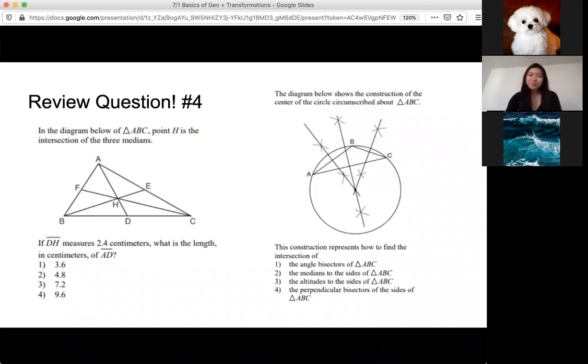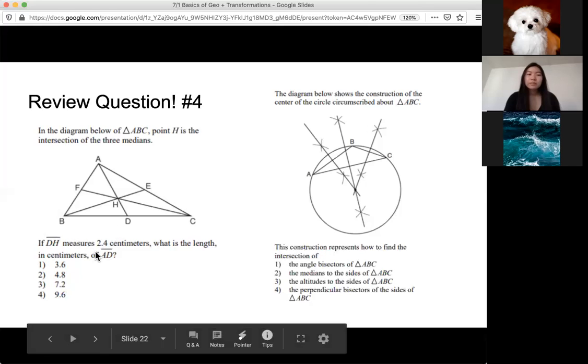So, like I said, the centroid has the 2/3 rule. The 2/3 rule involves the center to the opposite side. In this case, because DH is 2.4 centimeters, we multiply that by 2 because AH is 2/3.